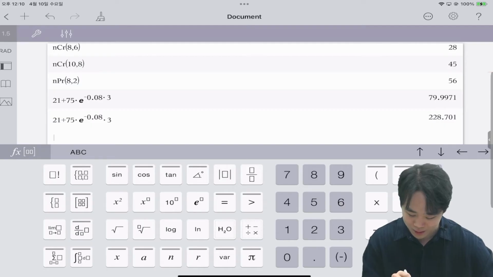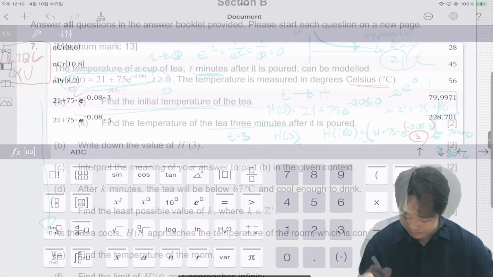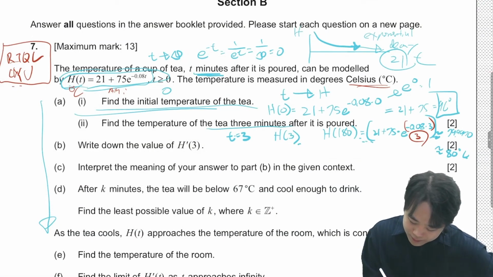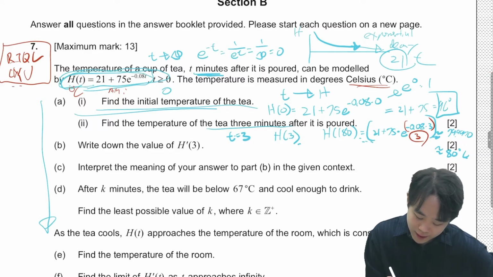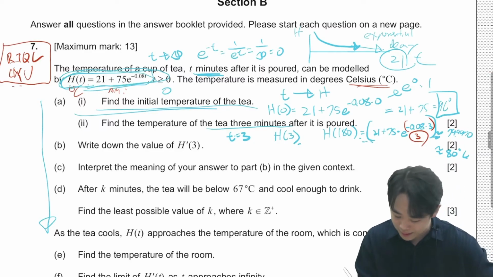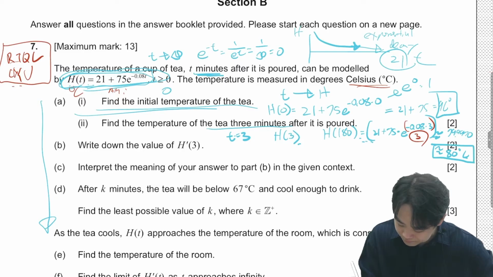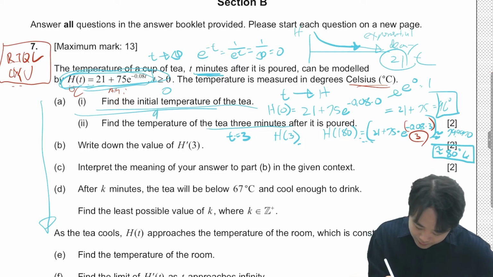You've got to be careful with how you use your calculator. Since we had 3 minutes and the function to calculate the temperature at 3 minutes, that gave us 80 degrees Celsius here. We had 96 degrees Celsius at the beginning. Later on, it becomes 80 degrees Celsius.